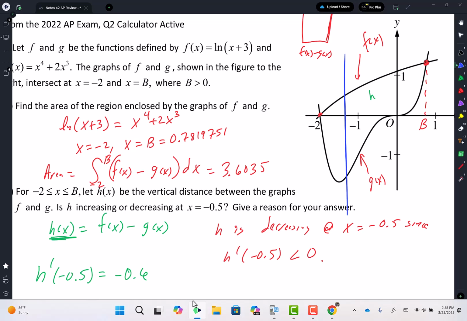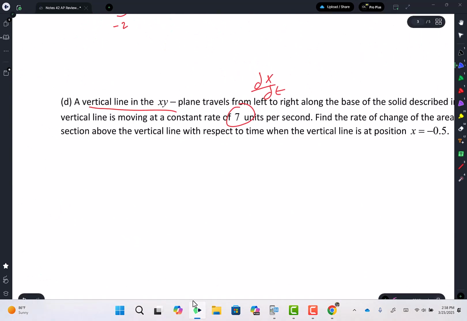If I want to know the rate of change of the cross section area, what do I have to do? Take a what? A derivative. Yes. So check it out. My area formula is just f of x minus g of x, with a square on it.